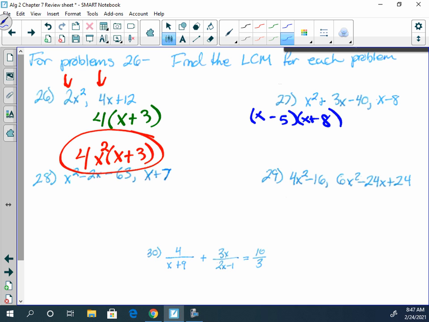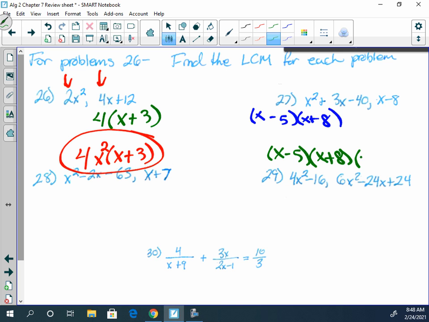Now, x minus 8 is not factorable because that is as simplified as it gets. Okay? Now, with these polynomials, these sets of parentheses, it's a little bit easier to work with. Because if I want them to be the same, well, I know I'm going to need an x minus 5 and x plus 8, because both of them are going to have that, yes? Is there anything else I might need?